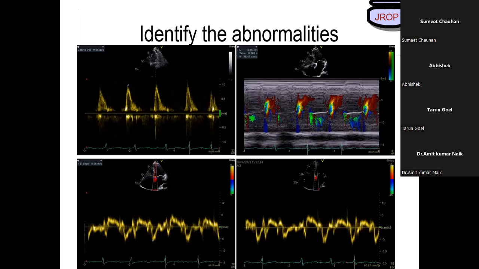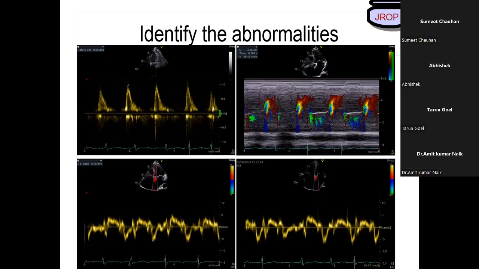All right. Dr. Amit, would you like to take up this question? Sir, first is pulsed wave Doppler, second is A mode, and third is continuous wave Doppler. What is second? A mode, sir. M mode of what? Color.